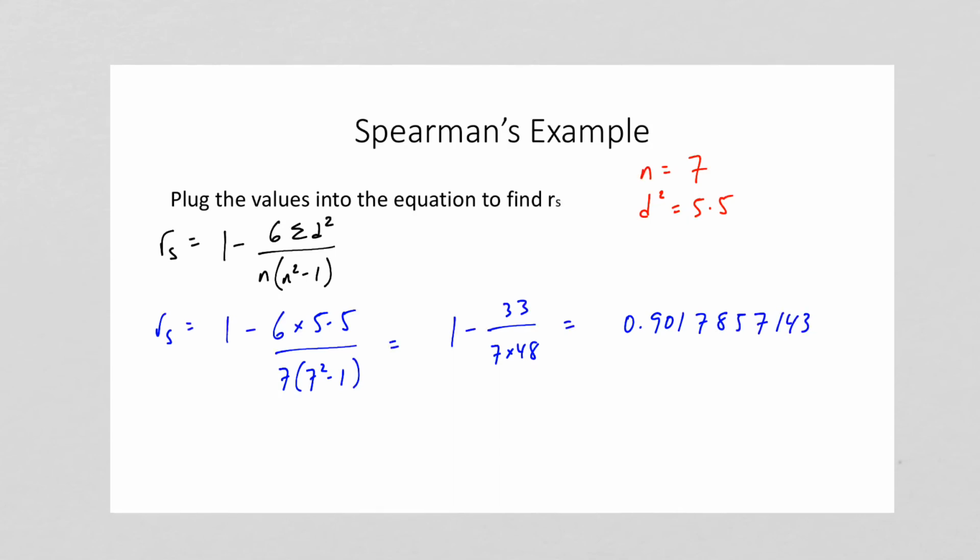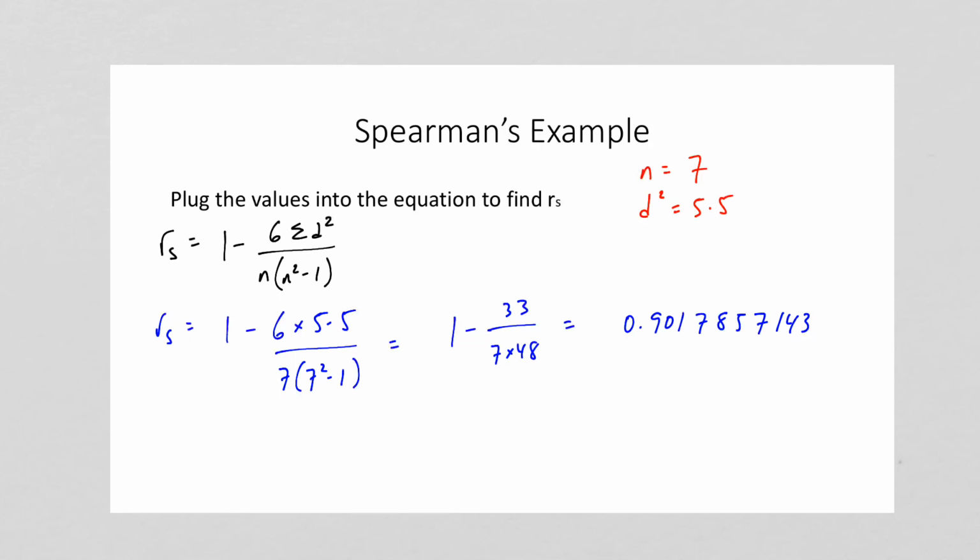Now, if you got the value 0.09821428571, that's because, like I said, you forgot to do one take away your answer. So our RS value is essentially 0.9.